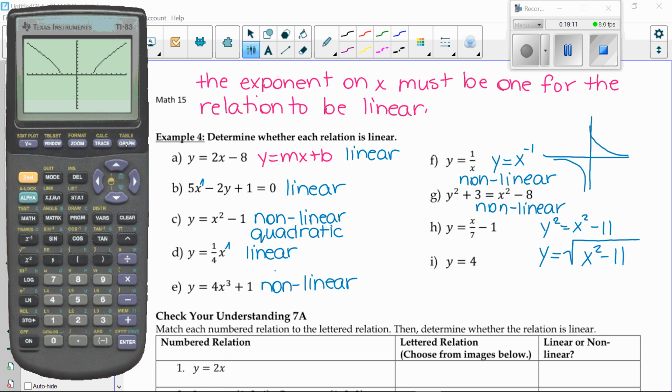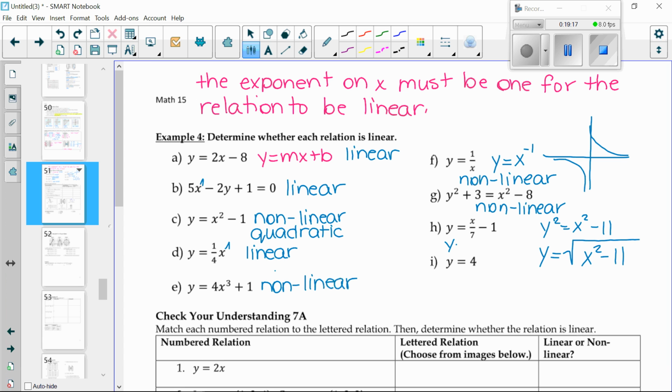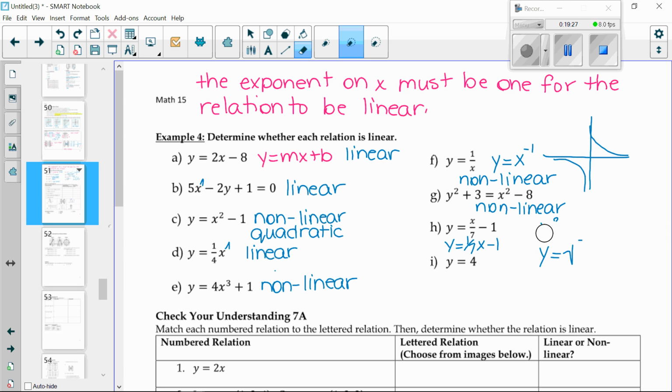The next one, y equals x over 7 minus 1. Well, this is just y equals mx plus b, and I can rewrite this as y equals 1 over 7x minus 1. So this one is definitely linear. Y equals 4.